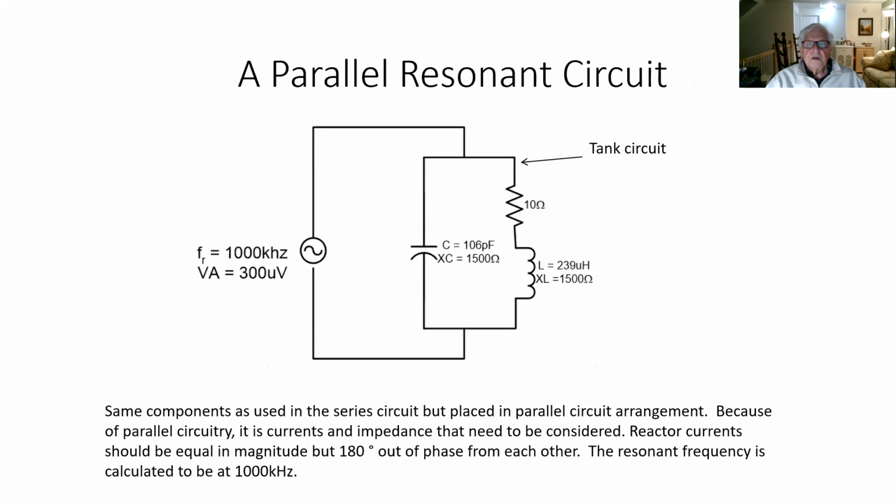So here is the figure, the circuit using the same components as we used for the series circuit, only we added a little 10 ohm resistance in series with the inductor, because that's normally the case. You never get an inductor that's just purely inductive.